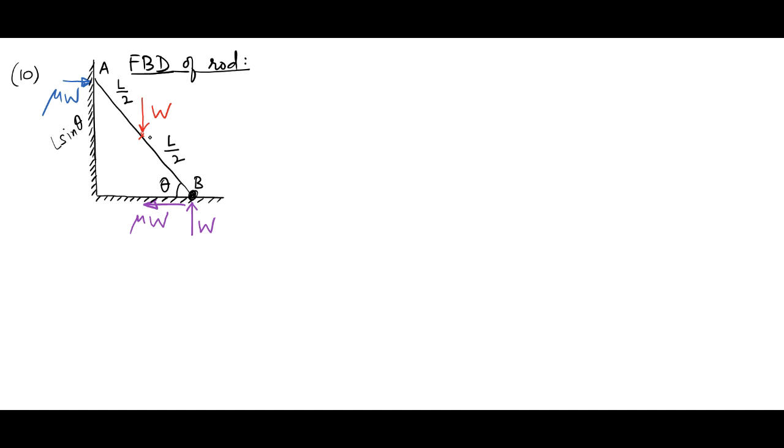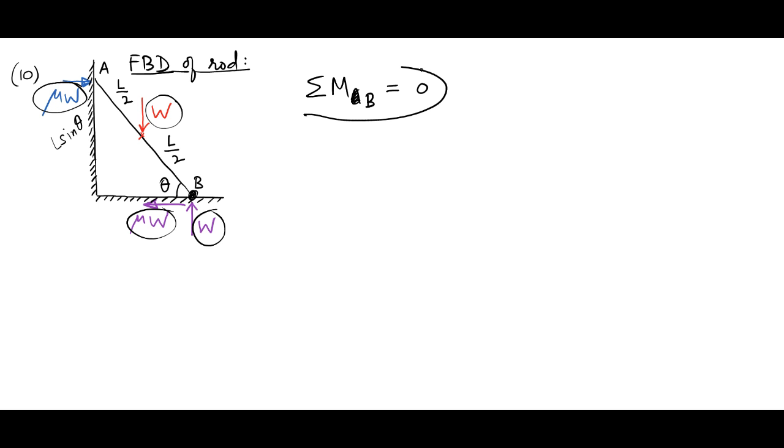I'll take the total moment, sigma MB, about endpoint B. We know it's equal to 0 for equilibrium, and there are only two forces which have a non-zero moment about B. One of them is this weight, and the second one is mu W. This mu W and this W do not have any moment about B, for the simple reason that they pass through B. So we won't consider these two forces in the left hand side of this equation.